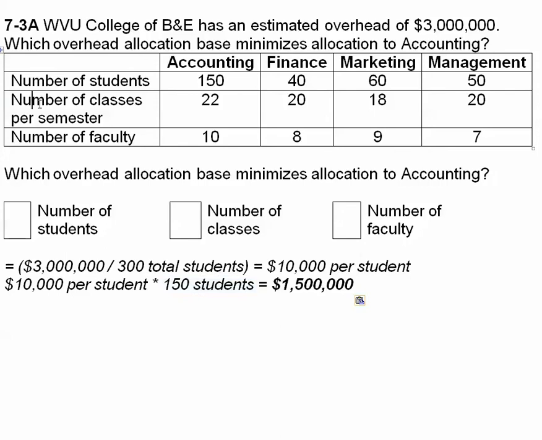If we had used number of classes per semester, you're going to take your 3 million, and instead of dividing that by your number of students, you're going to divide it by the number of classes. The total number of classes is 80, and the accounting department has 22 classes.